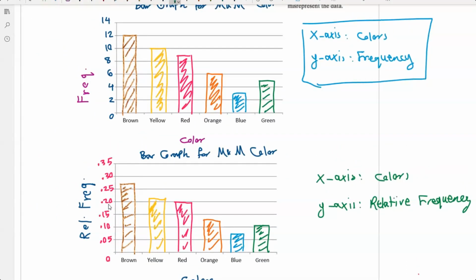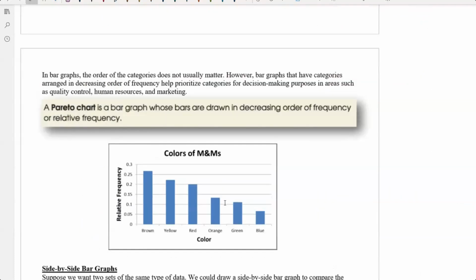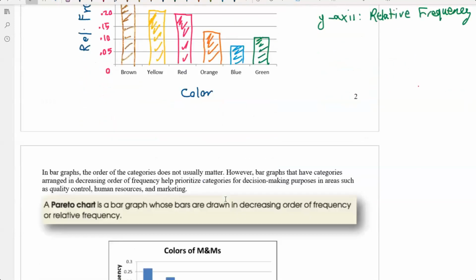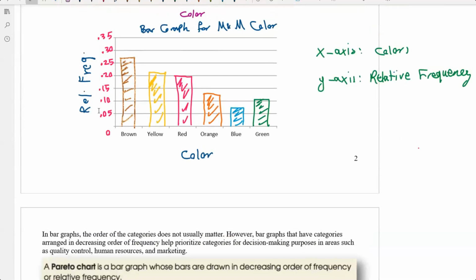Okay, now that we have put on these two parts, if you compare, you can see that we have the same shape bar graph. Here for the Pareto chart, we had this part on top, bar graph. We're gonna use exactly the same thing. For example, this bar graph for relative frequency.